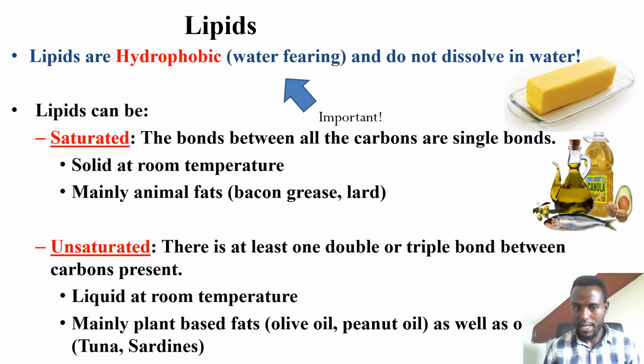It is also mainly plant-based fats, found only in plants, except oily fish like tuna and sardines.